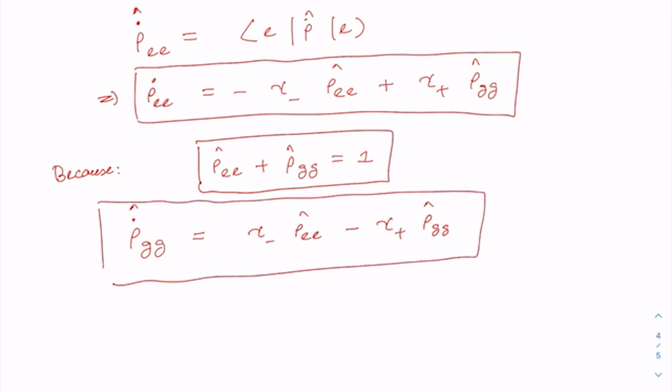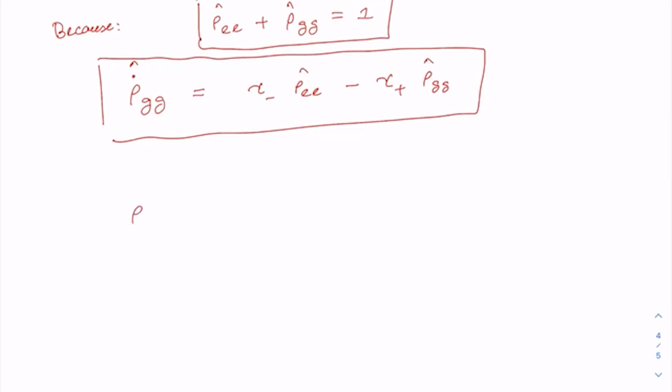Now let us calculate rho ZE, the time evolution of the density matrix element rho ZE. That would be equal to Z rho dot E. Again let us do it term by term.